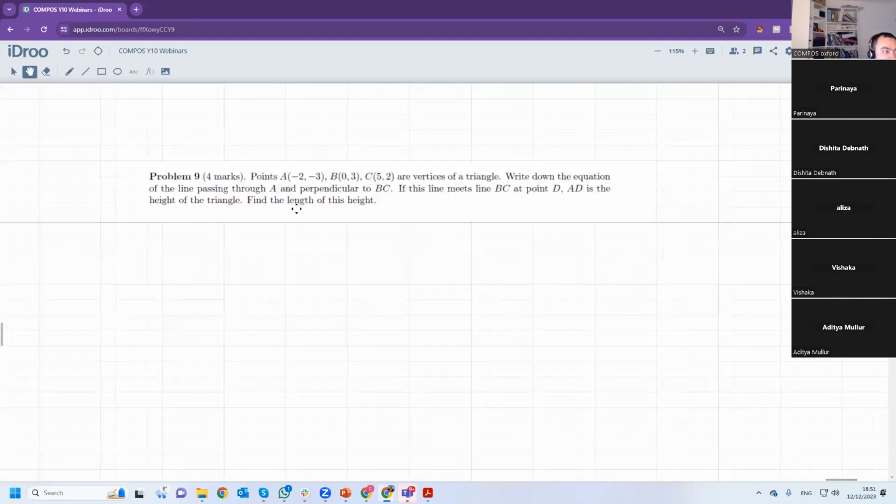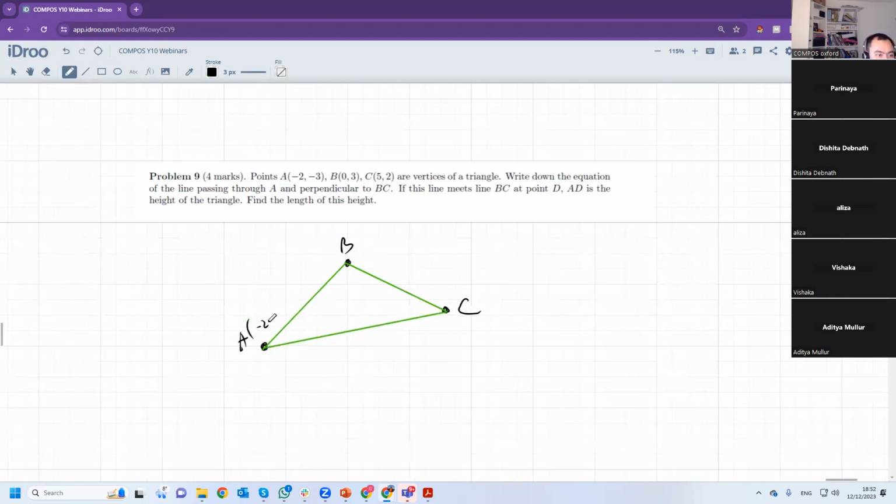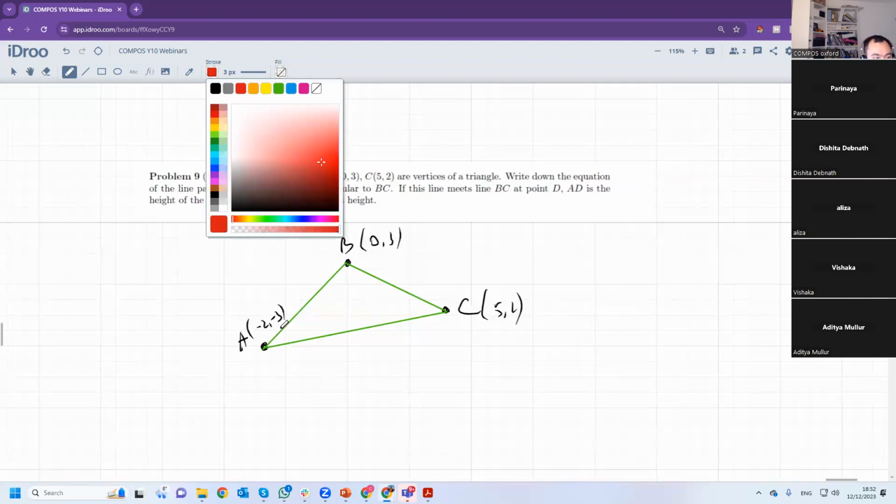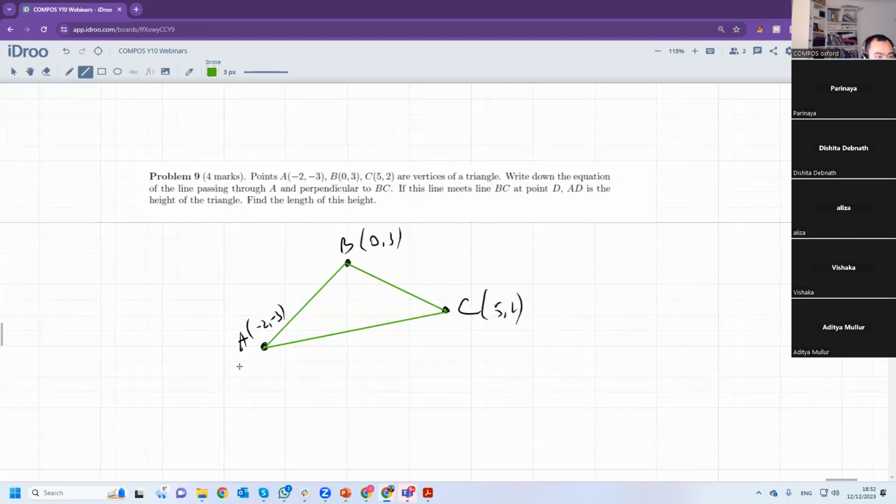Okay, this is not the easiest one to understand, but you have 3 points, A, B, and C. Then you connect them. That's your triangle. So A is -2, -3. B is 0, 3. And C is 5, 2. Write down the equation of the line passing through A and perpendicular to BC. So it's something like this.